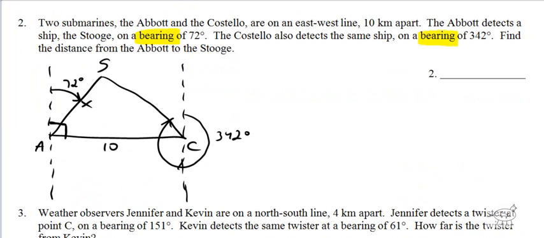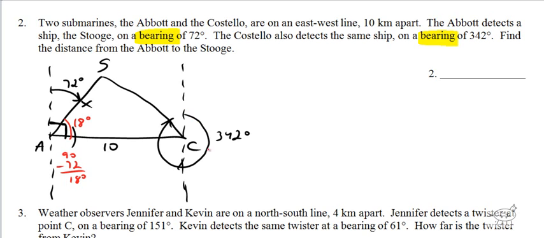All right, so if that's 72 degrees, that means this angle right here, let's do that in a different color, is going to be 90 minus 72, which is 18 degrees. Okay, so 18 degrees. Pretty easy. Now we got to look on the other side, because again, we don't really know what kind of triangle this is.